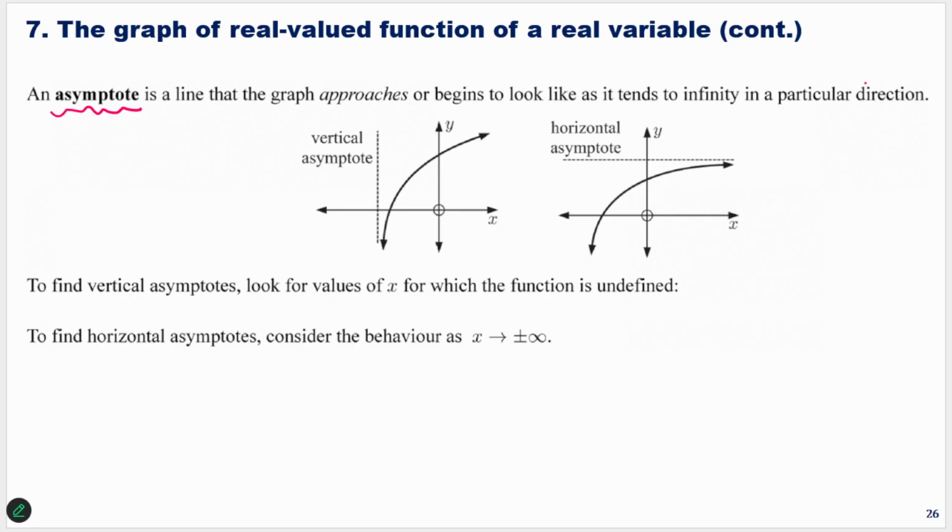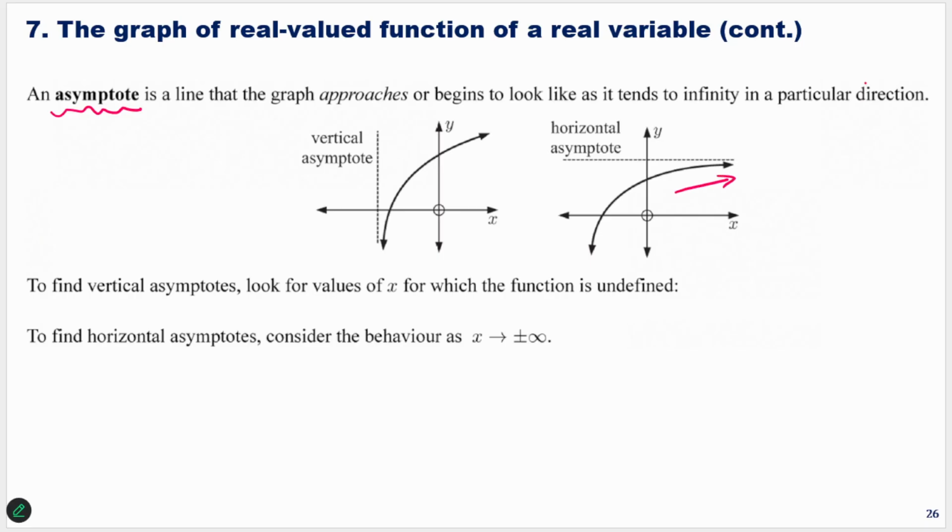For example, in this diagram, when x approaches this line, the function approaches negative infinity, so it will get closer and closer to the vertical line here, but never touches that line. So in that case, we say this line is a vertical asymptote of the graph of this function.